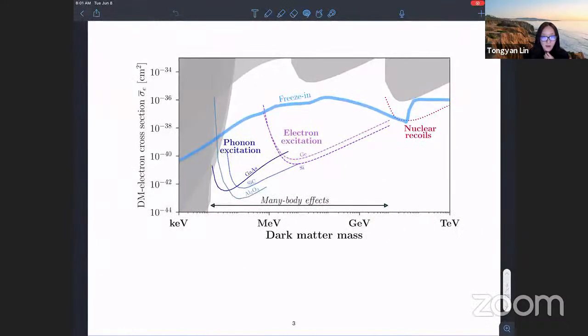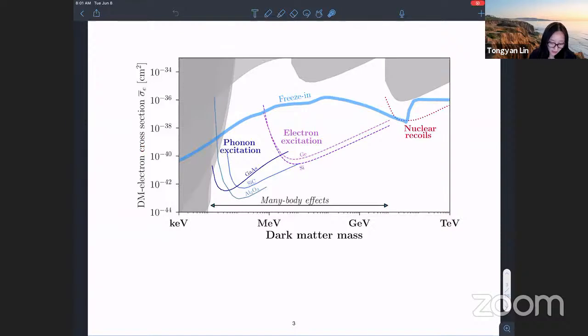So to start off, let me remind everyone of this plot I showed yesterday, just as an example to illustrate why these condensed matter systems are so interesting for dark matter detection. So we have the sensitivity from nuclear recoils. This is a different axis than the usual WIMP recoil cross-section.